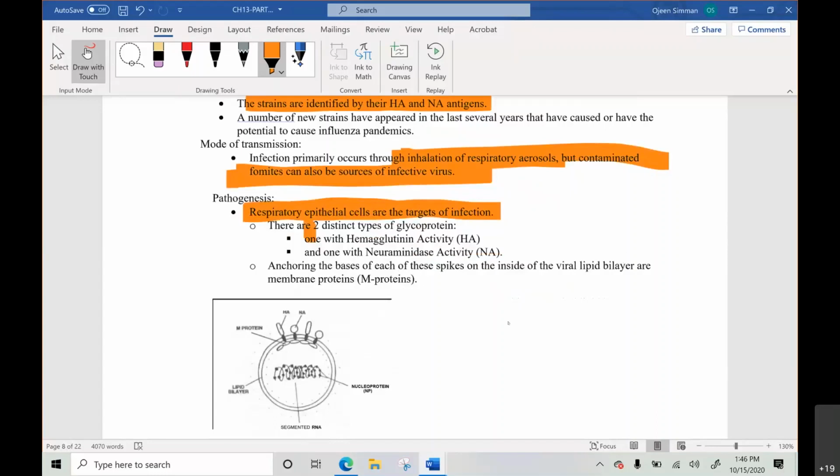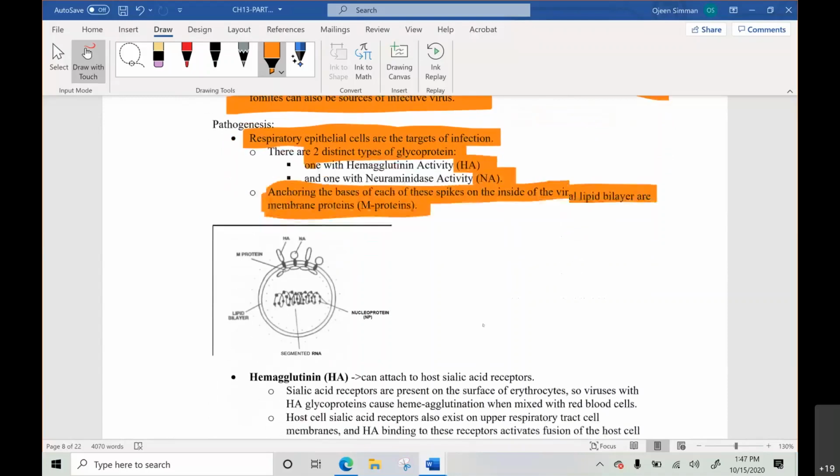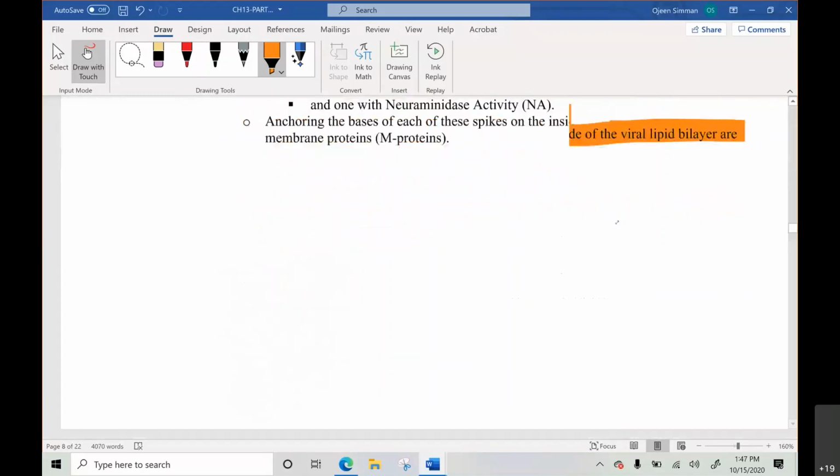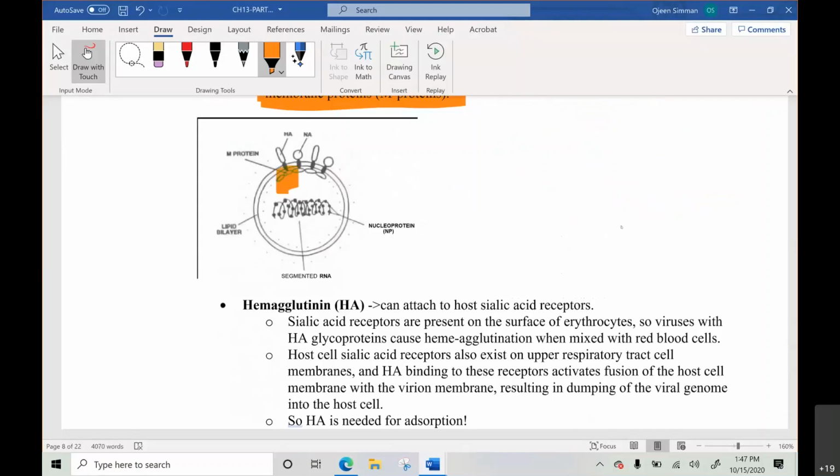As we said, we have two distinct glycoprotein spikes, HA and NA, and anchoring the bases of each of these spikes on the inside of the envelope is an M protein, called the membrane protein, and you can see it in this picture. This is the membrane protein right here. See how it anchors the two HA and NA spikes. This is the segmented RNA. This is the lipid bilayer.